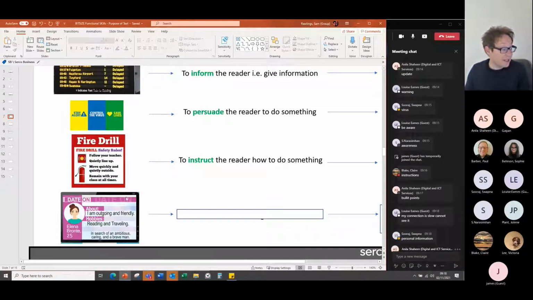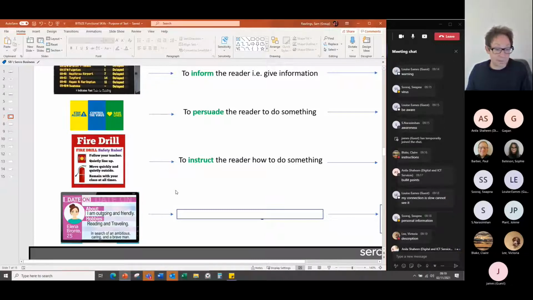Personal information, good. So we've got the age. So that's obviously information because we know how old Eleanor is. What else do we know about Eleanor? So we've got her age. What else have we got? Yes, exactly, Tori. So we've got a description of Eleanor as well. So the purpose of this is describe.